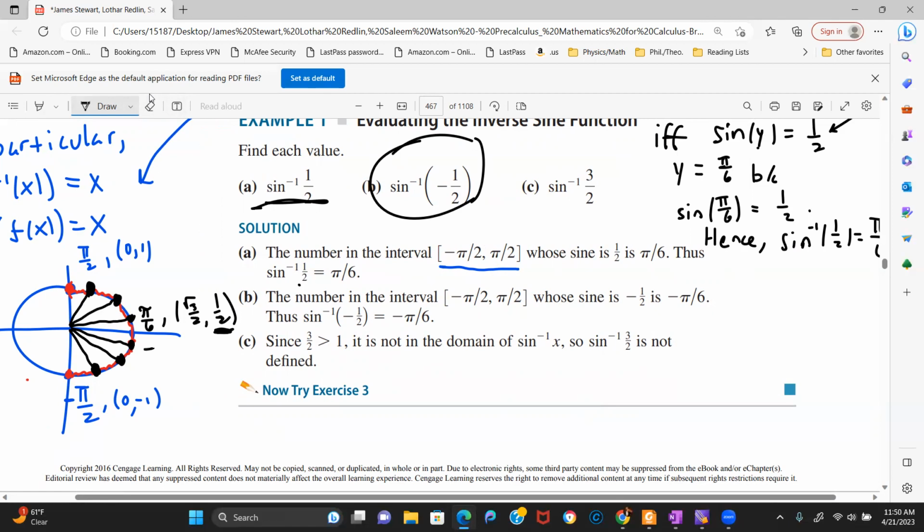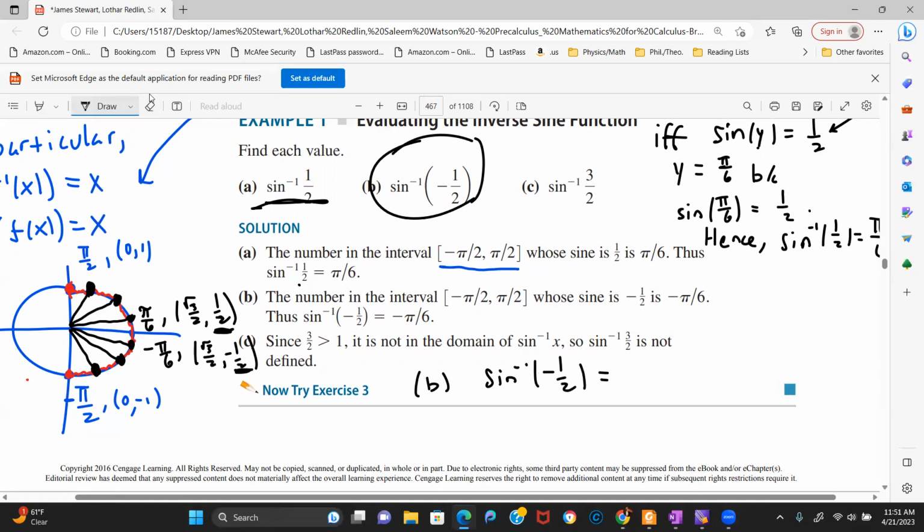We get it from negative pi over 6, because the xy coordinates corresponding to negative pi over 6 are root 3 over 2, negative 1/2. And that's what we want right there. So to solve B, you could set up the same thing. We're going to say sine inverse of negative 1/2.